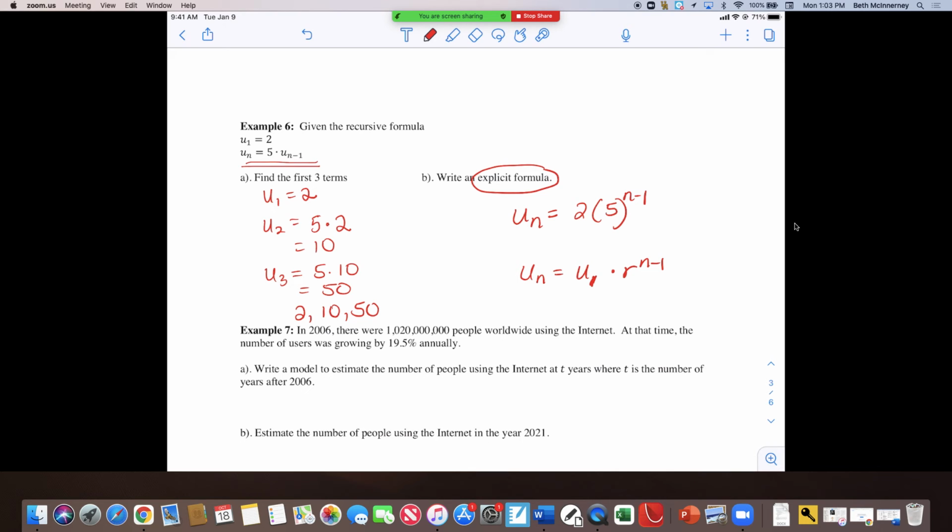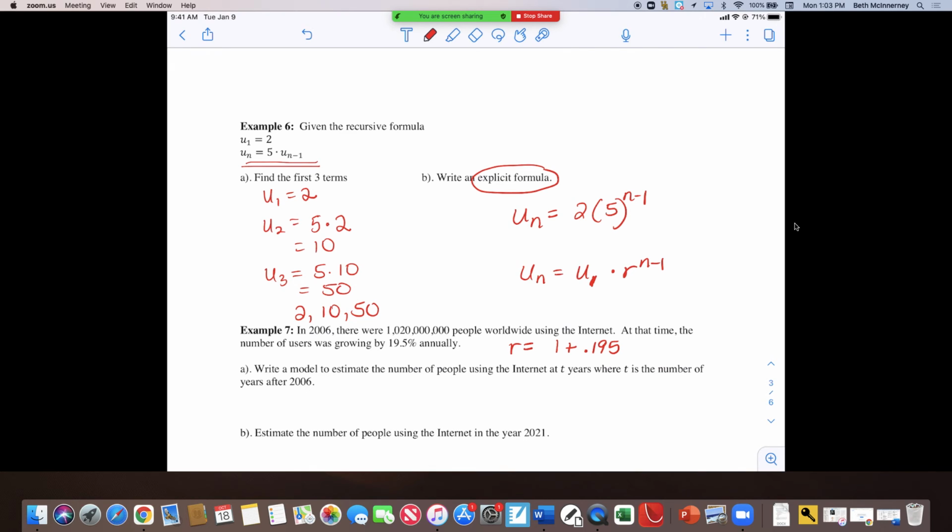It says, in 2006, there were 1,020,000,000 people worldwide using the internet. At that time, the number of users was growing by 19.5% annually. So I want to pause here a moment. If you have growth, you take r is 1 plus that number.